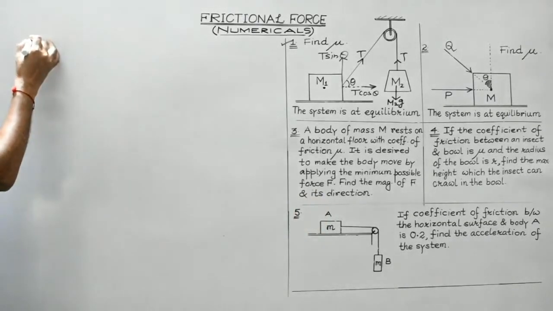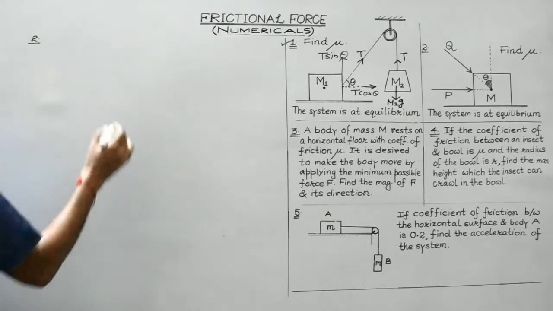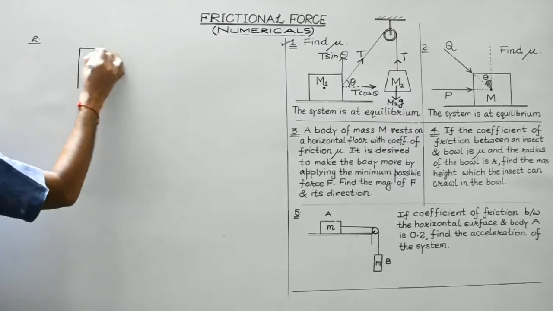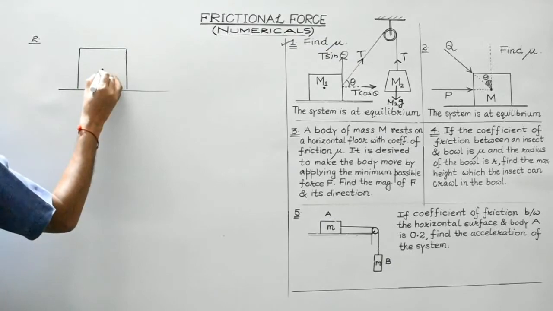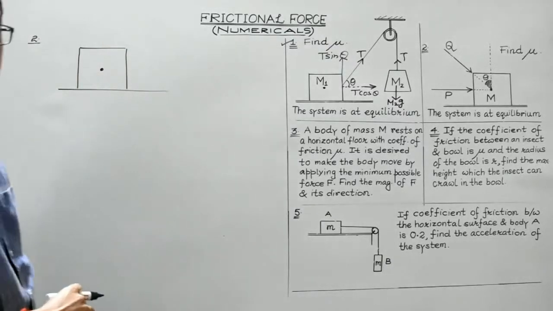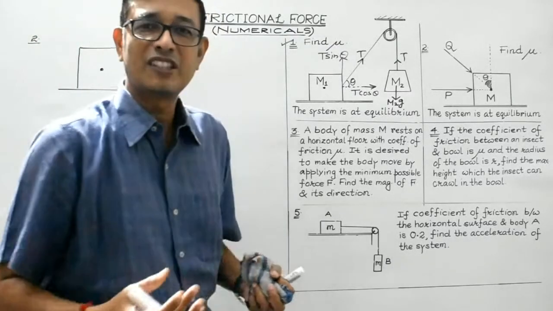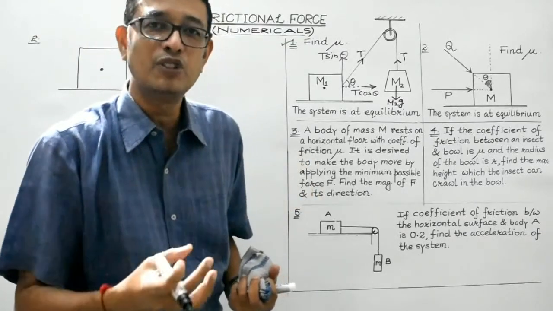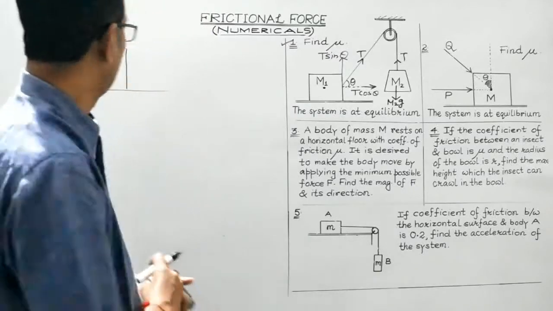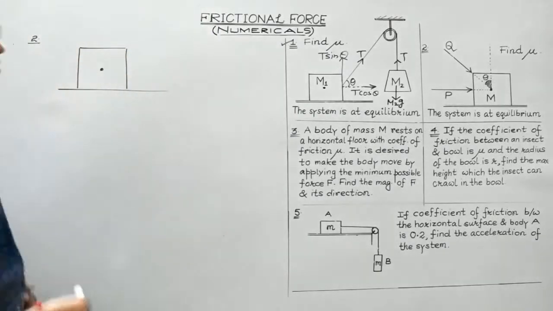Okay. So let's draw the free body diagram then. This is the block under consideration. This is suppose the center of mass, that is, a hypothetical point where the entire mass of the body may be assumed to be concentrated, right? So let's indicate all the forces over here.